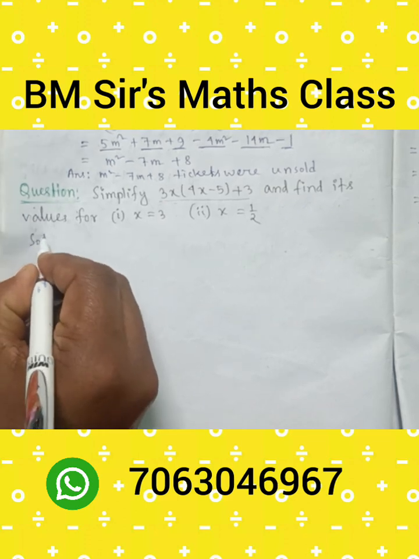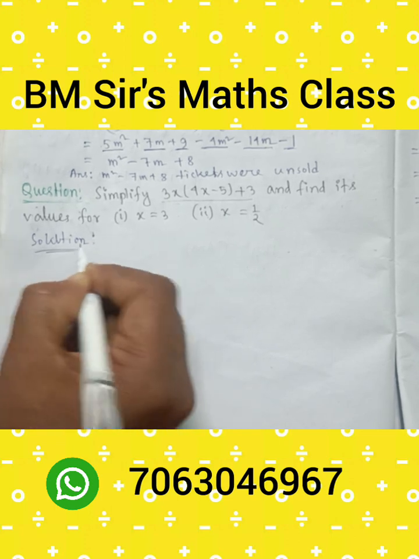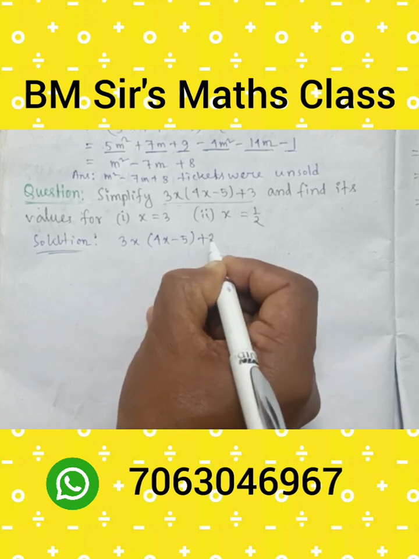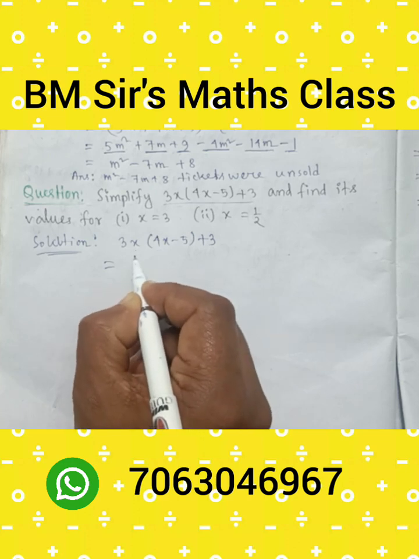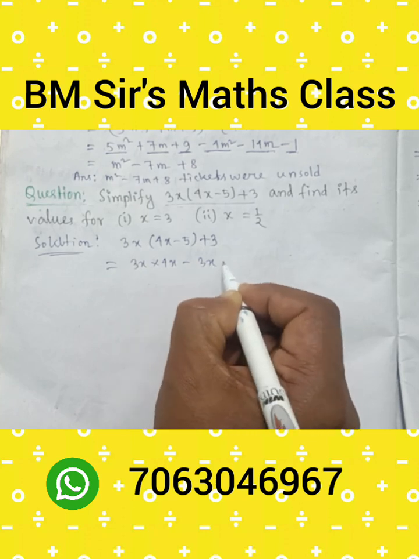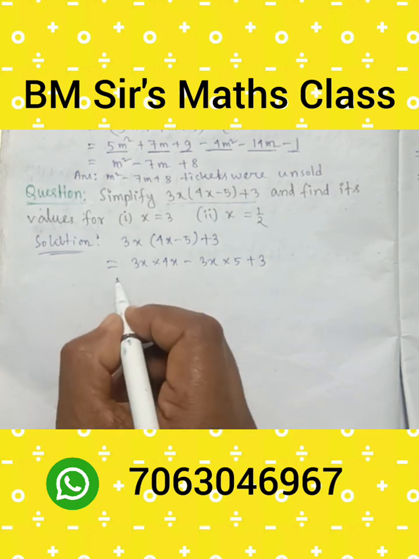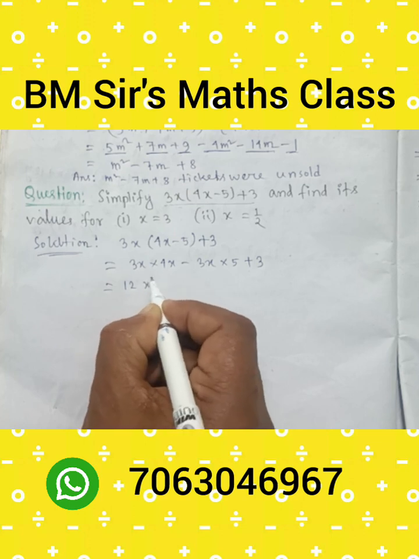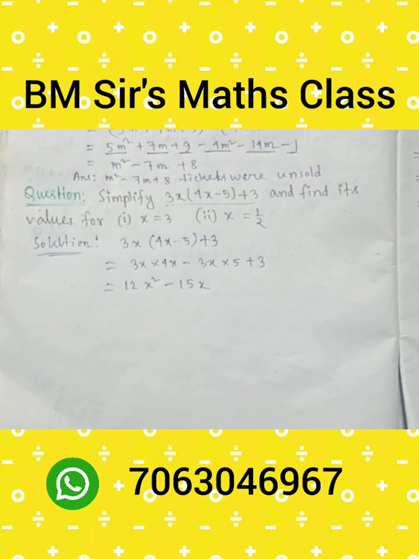To simplify it, at first write the given term, then simplify it. You have to multiply 4x minus 5 by 3x at first. So 3x into 4x minus 3x into 5 plus 3. 3x into 4x, 3 into 4 is 12, x into x is x square, minus 3x into 5 is minus 15x plus 3.